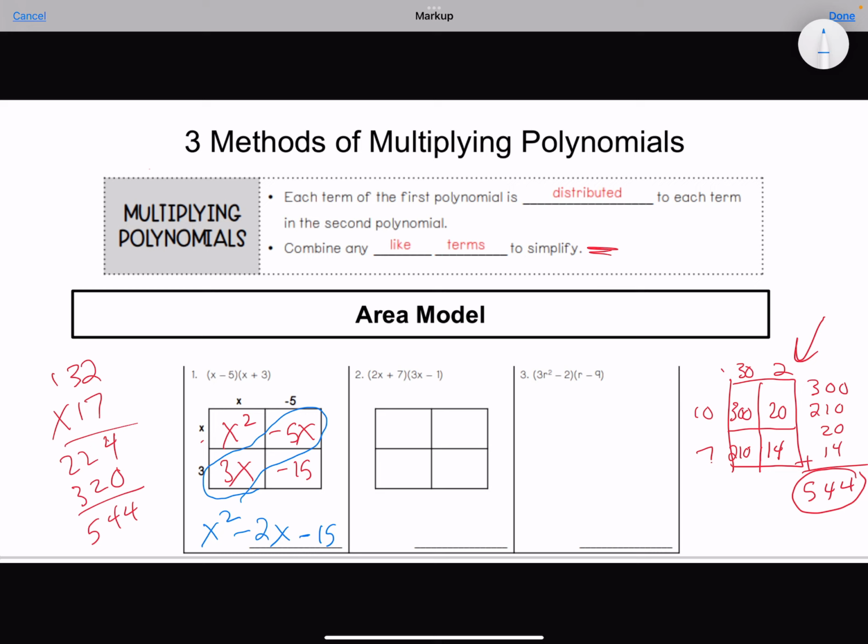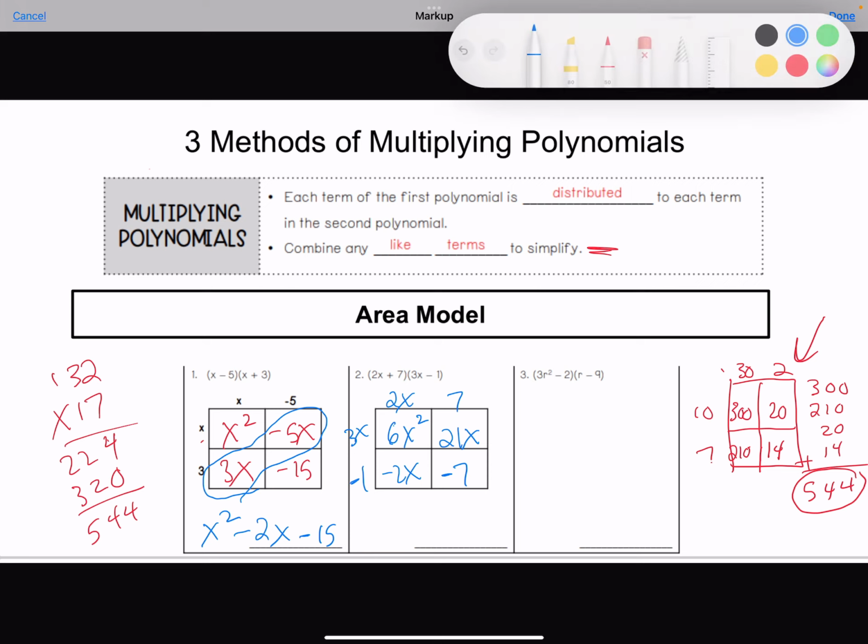Just give yourself time. So here, I'm going to put my 2x here, my 7, here's my 3x, and here's my -1. 3x times 2x is 6x squared. 3x times 7, 21x. -1 times 2, -2x. -1 times 7, -7.